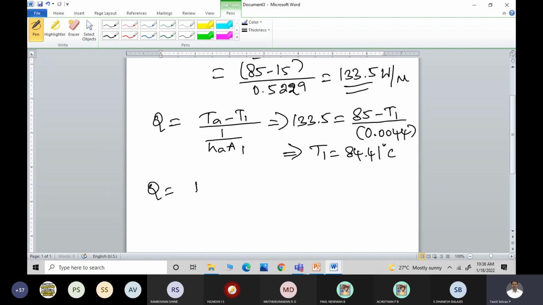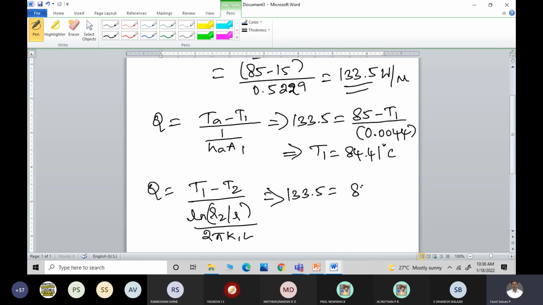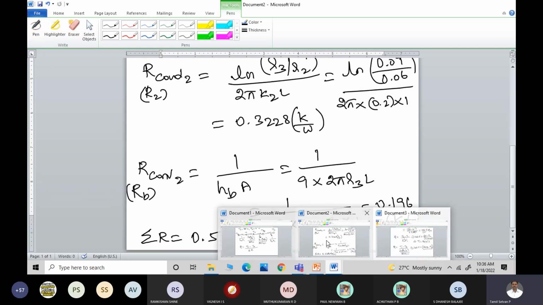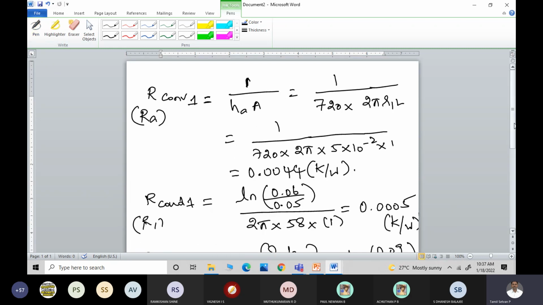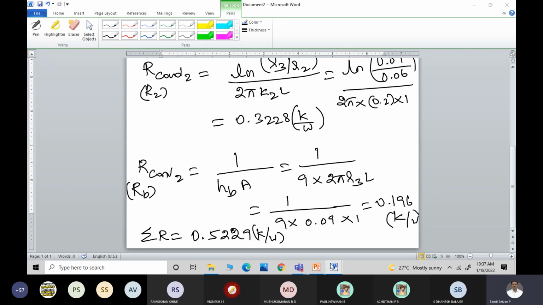Okay. Now, similarly, calculate the second temperature. Q equals (T1 minus T2) divided by natural log of R2 by R1 divided by 2 pi K1 into L. We also know this value, so 133.5 equals 84.41 minus T2 divided by the second value, which is 0.0005.